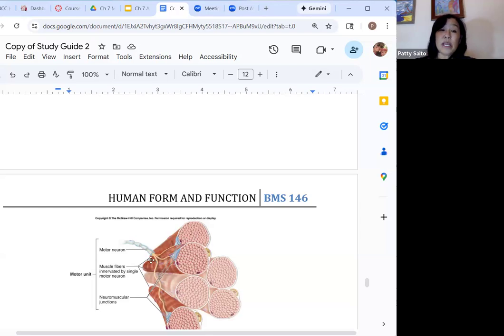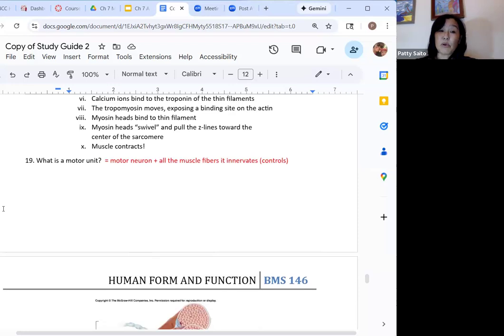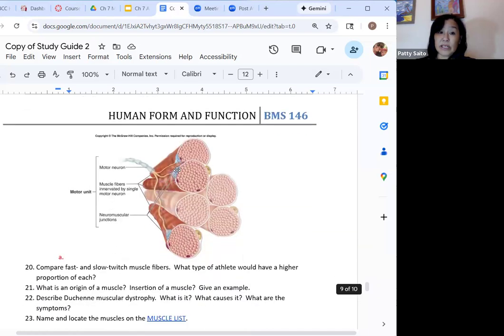So we can have motor units with varying amounts of muscle fibers they control. What does this mean? Why is this important? It's to understand how we get different levels of contraction.